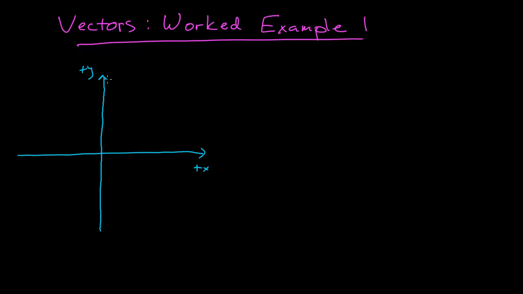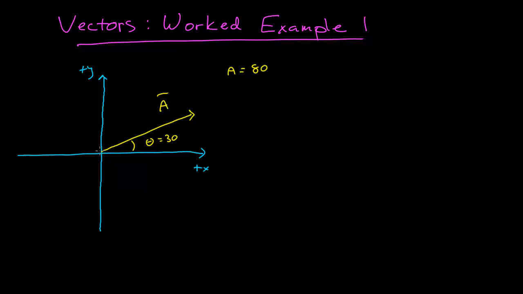So I have three vectors, and the first vector is coming off here with an angle of 30 degrees counterclockwise from the positive x-axis, and I'm told that it has a magnitude of 80 units. We'll say it's meters, but I'm not going to keep writing meters all the time. So it's of 80 units.